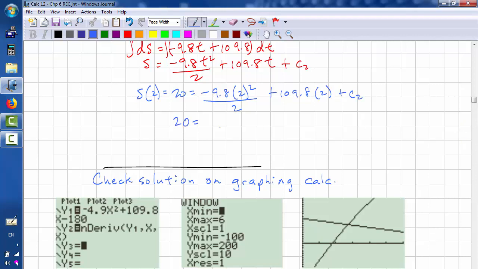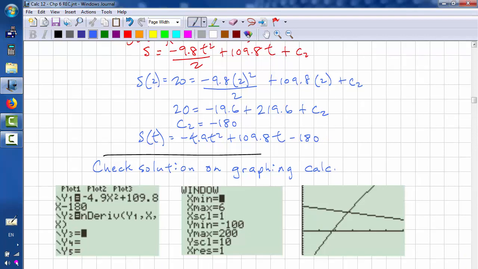Simplify this a bit, we get 20 equals negative 19.6 plus 219.6 plus c2, and c2 equals negative 180. We substitute this back into our function, so we get s of t equals negative 4.9 t squared plus 109.8 t minus 180. And that is the displacement function that we are looking for.